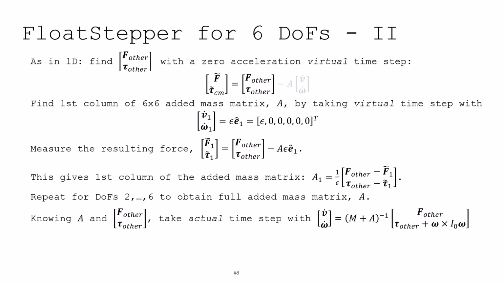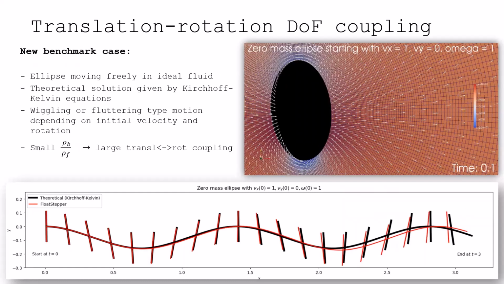So we've implemented this in OpenFOAM and got quite sweaty, but this is basically implemented now, and we've come up with this really nice little test case, which is an elliptic body moving along the x-axis and then rotating.